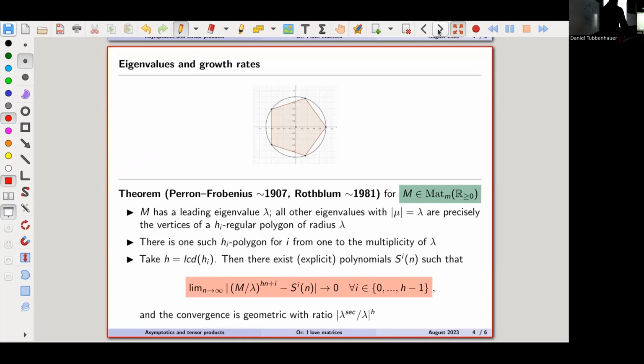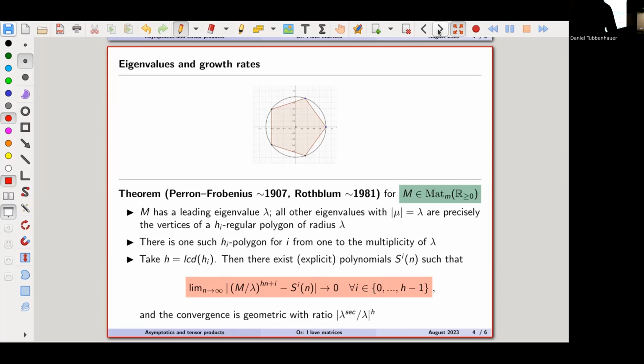And you have the eigenvectors and everything, and you can write down the formula, which in general looks a bit strange, but essentially it boils down to that you can have the growth rate n divided by lambda. You can determine it by very explicit formulas in complete generality.